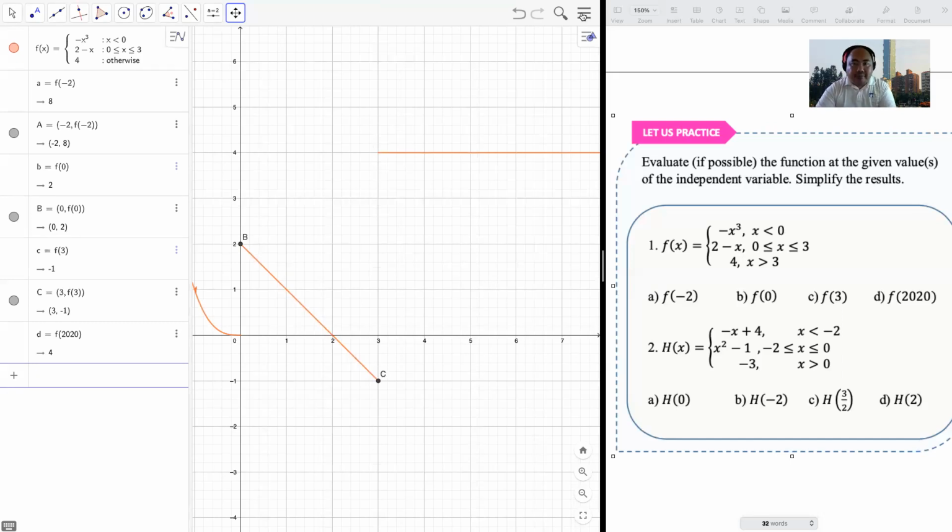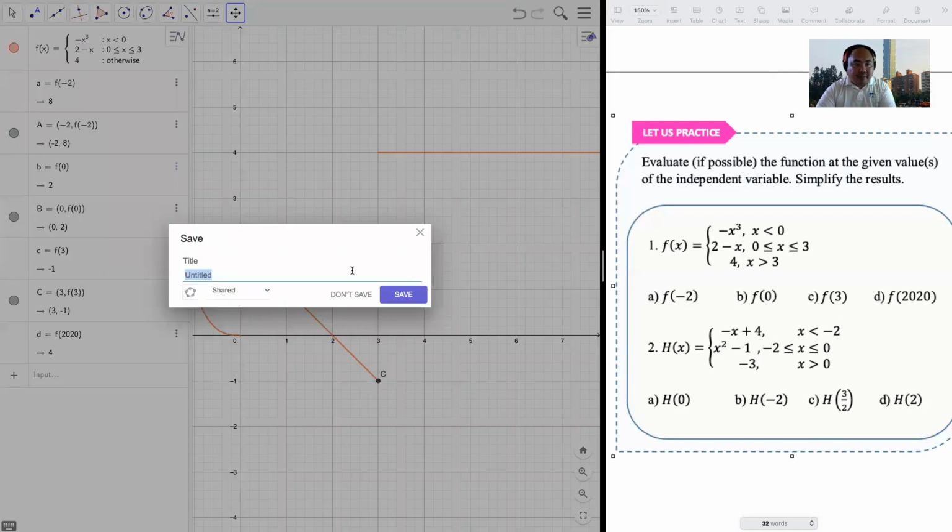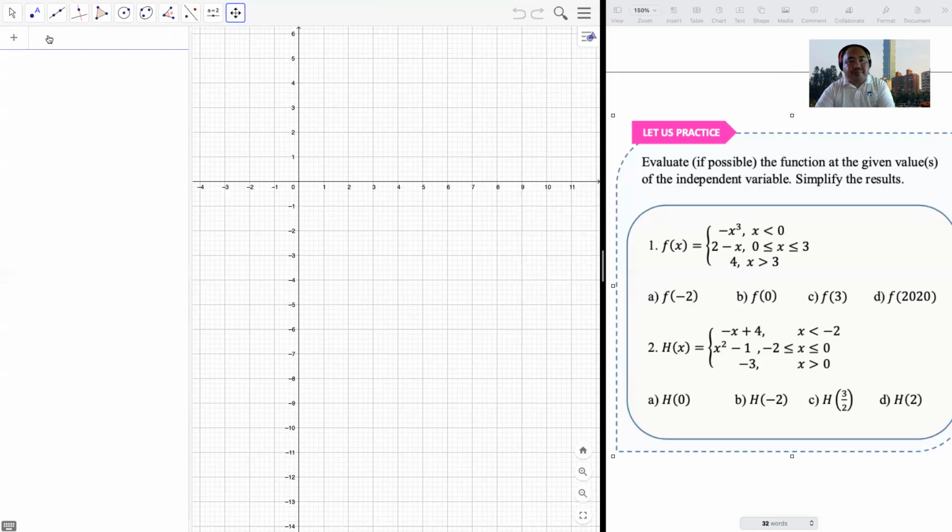How about the second example? Okay, for practice, I'll show you. So h of x is equal to, again, we use if. If x is less than negative 2, the graph is negative x plus 4. And then nest. Okay.